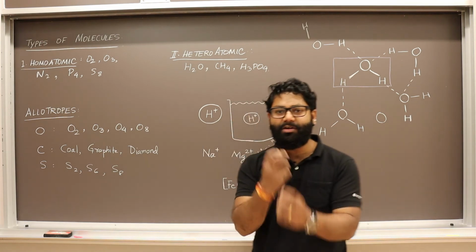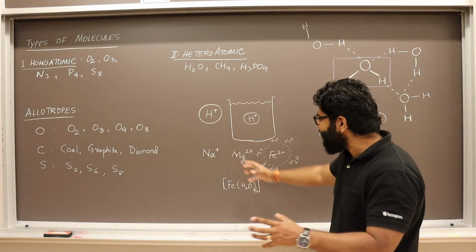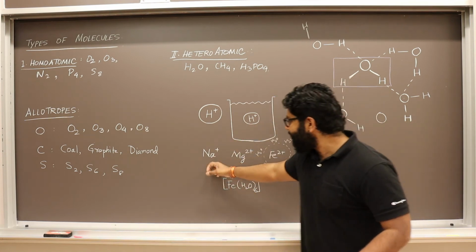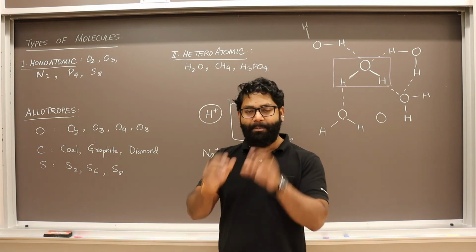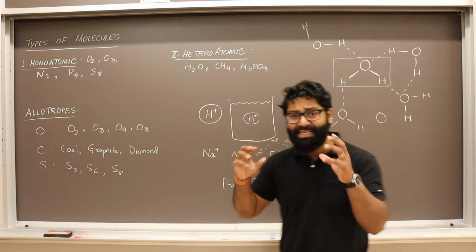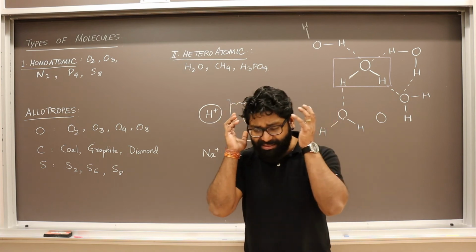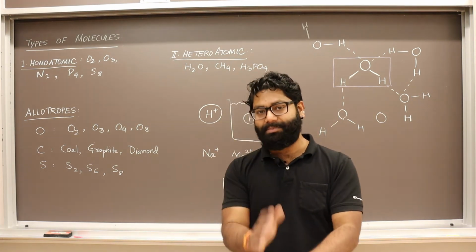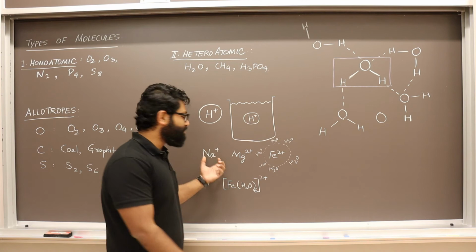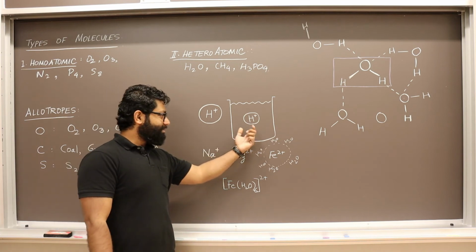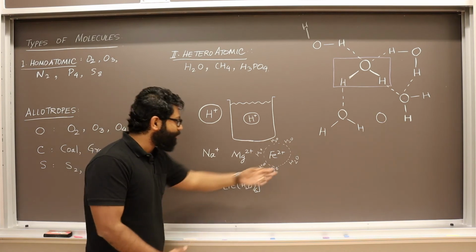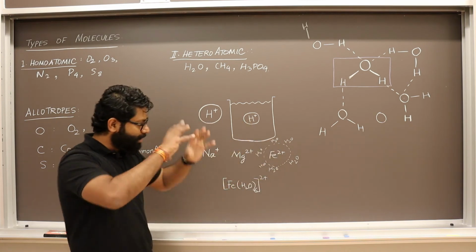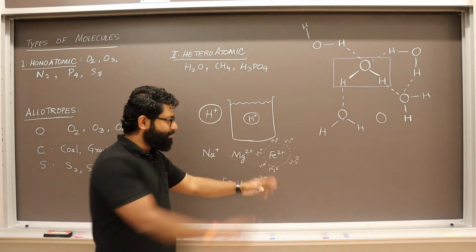But I think this is an important concept to understand. Although we have Na+, it can exist as a single quantity if you have it in the gaseous state. But in solution, it is almost impossible to have an Na+ ion just floating around without H2O surrounding it, making a layer.